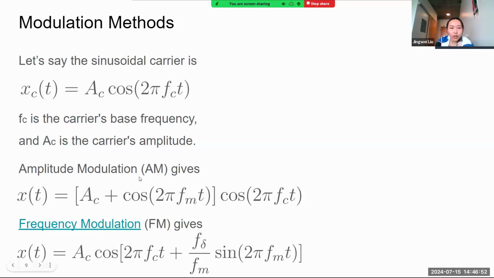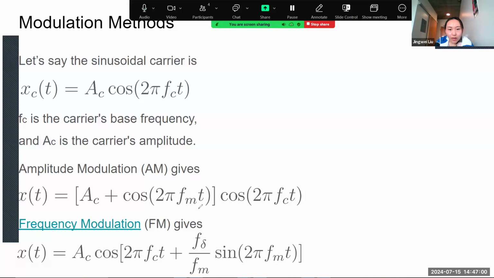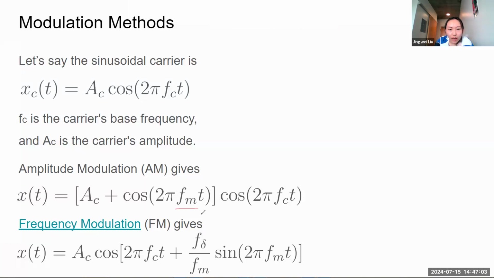So amplitude modulation follows this formula. And this FM is the modulation. M means modulation. This is the signal we generate, a signal with information. This signal with information is used to modulate the given carrier. So this is the carrier, which is something constant. It doesn't really change once FC is fixed.